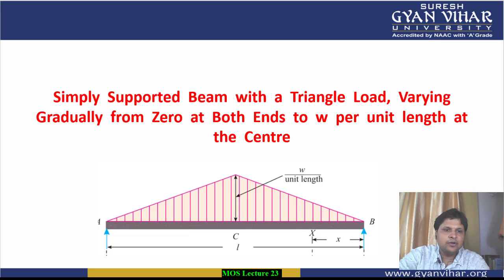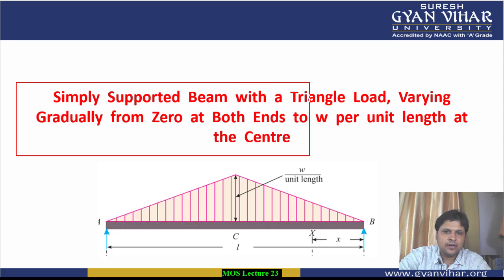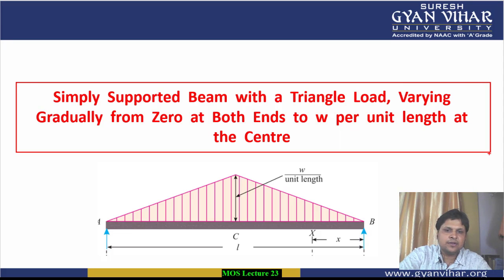We are going to discuss a simply supported beam with a triangular load varying gradually from 0 at both ends to W per unit length at the center. This is the first of the two cases we are going to discuss today, in which the load is in the form of a triangle. A triangular load means it is a uniformly varying load.